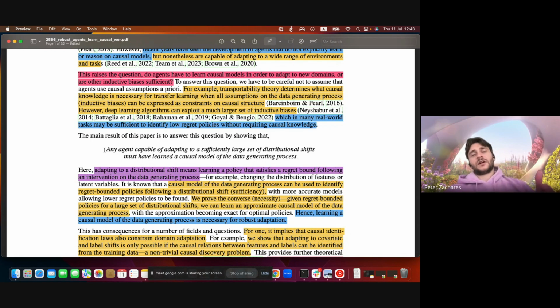But even this result by itself is really cool to me, because what it's saying is that, say we have a model that's robust, that can do what it says it does, and there was no notion of causal learning when we trained the model, it still learned a causal representation of the world.